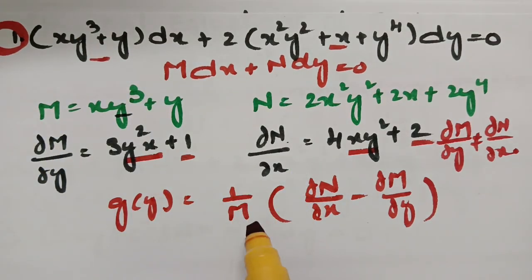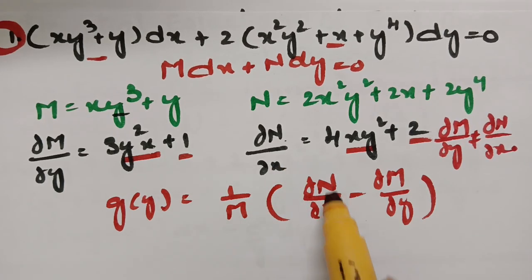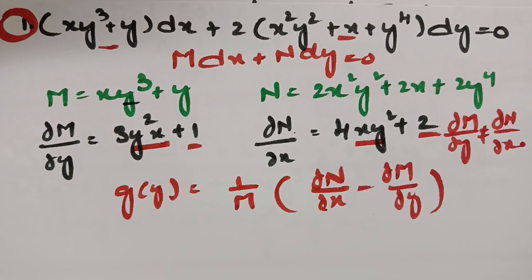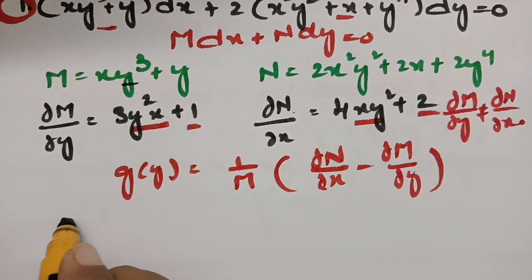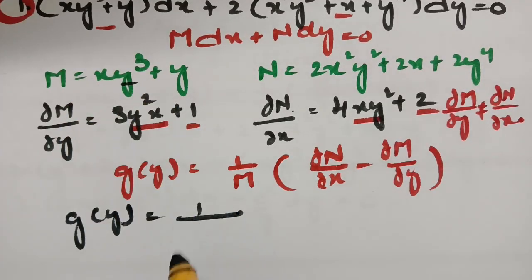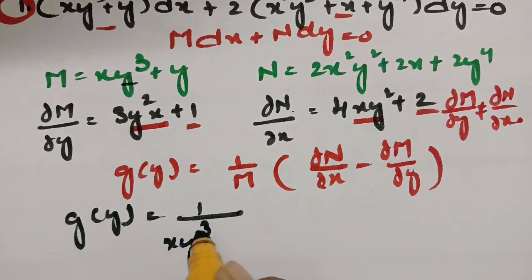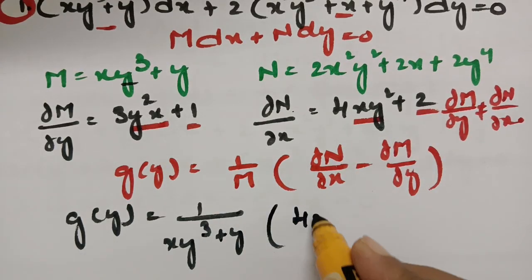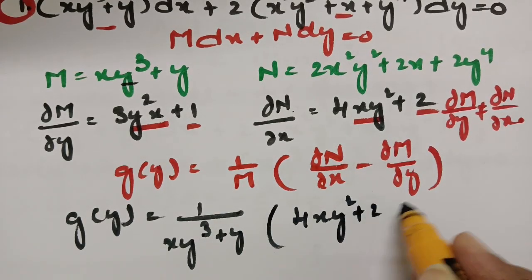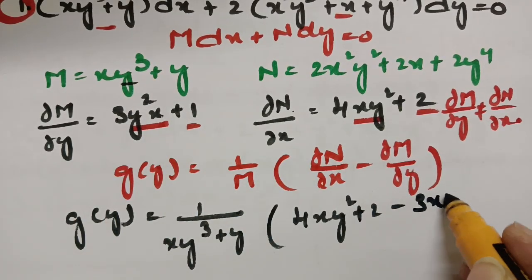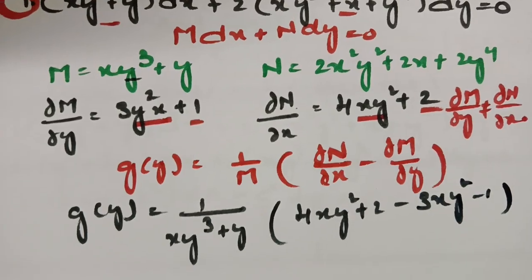So first we choose 1 by M times (dou N by dou x minus dou M by dou y). If it is M, go with N. Just calculate this value and see what happens. g of y is equal to 1 by (xy cube plus y) times (4xy square plus 2 minus 3xy square minus 1).